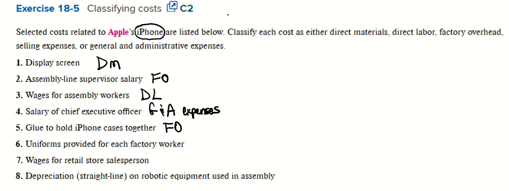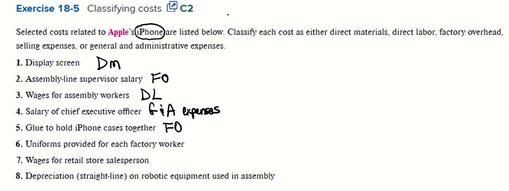Glue is separate. You just need to put the glue on there to keep things together. Because of that, it is indirectly associated with the production of the iPhone, which is why it's classified as factory overhead.